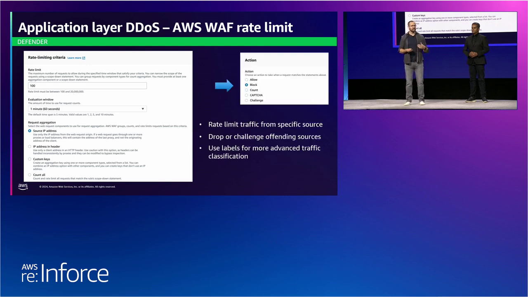But either way, if I see traffic breaching my rate limiting configuration, I can then take an action. And there's a number of actions here, and we'll dive into each one a little bit deeper in a second. But we can either take one of those actions, or we can allow traffic and label it to process it further down the line.